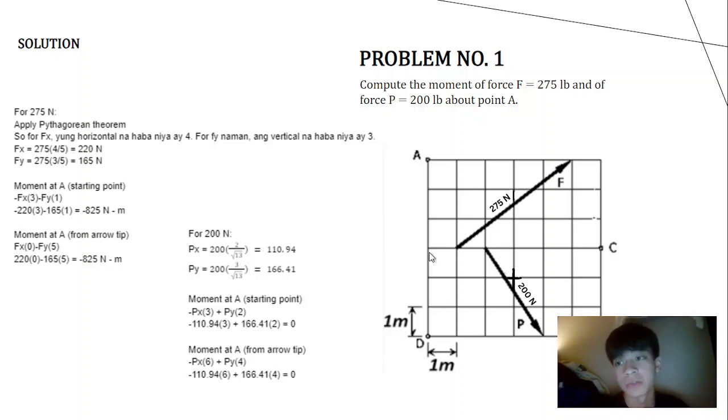So, ang gagawin natin, itong 275 newtons times yung distance over dun sa Pythagorean theorem. So, for Fx is equals to 275 times 4 over 5, ang lalabas dyan ay 220 newtons. Sa Fy naman, 275 times 3 over 5 is equals to 165 newtons.